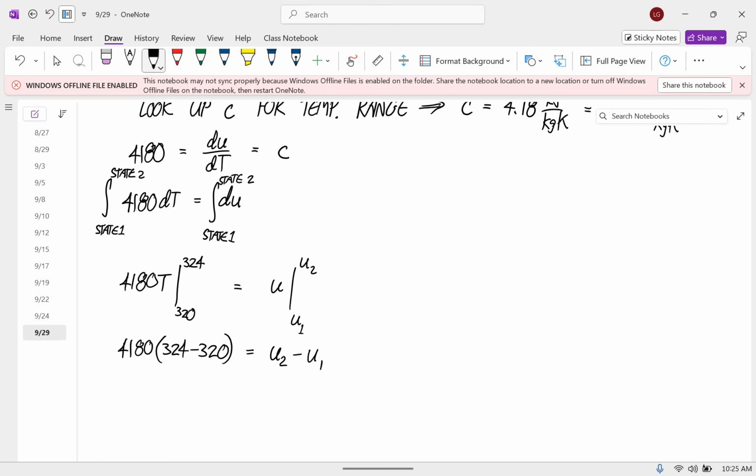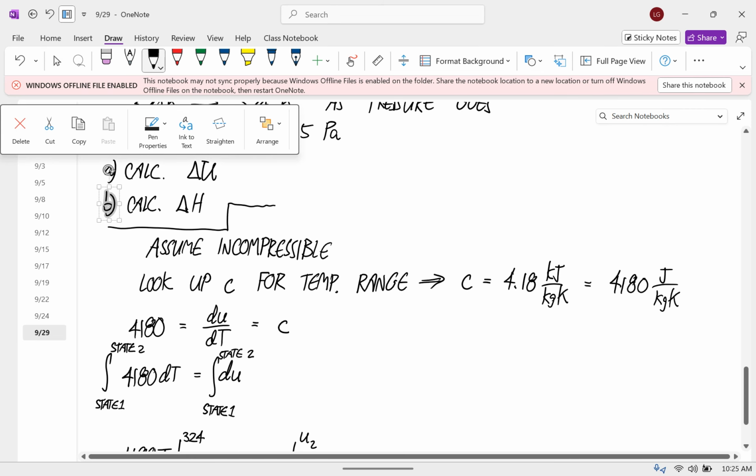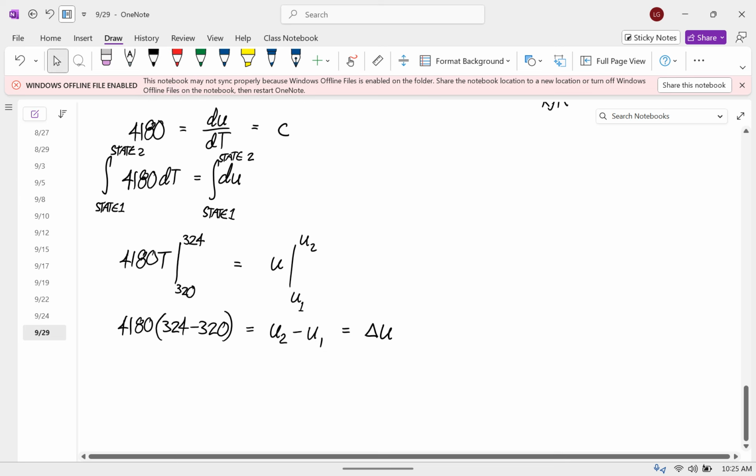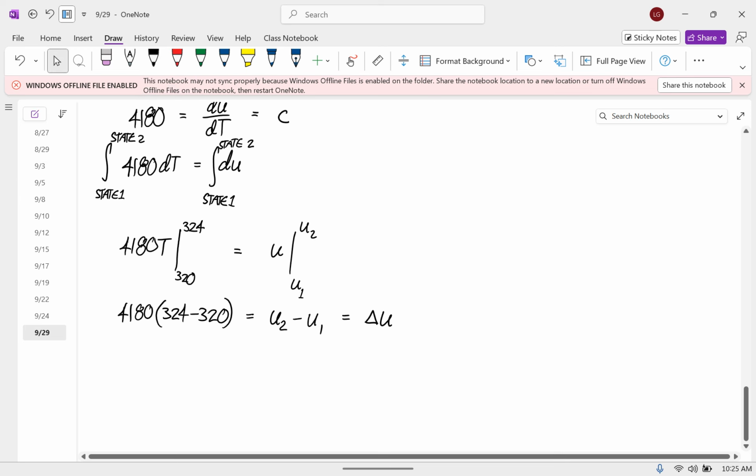Well, the definition of U2 minus U1 is the change in specific internal energy. Notice we're trying to calculate that change in extensive internal energy, so that's sort of the form we want.